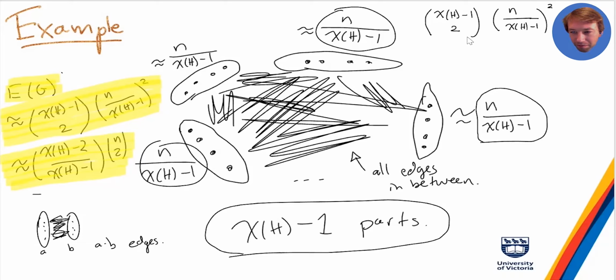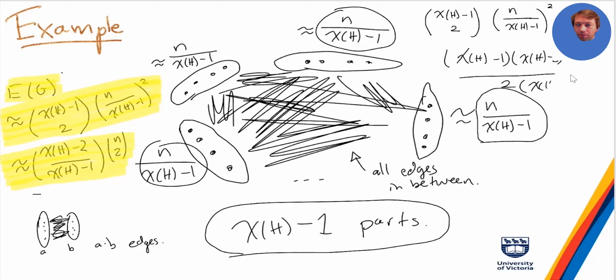Okay, so just messing around with this calculation a bit, what does this give us? It's chi of H minus 1 times chi of H minus 2 over 2, but then there's a chi of H minus 1 squared on the bottom, and then there's an n squared.